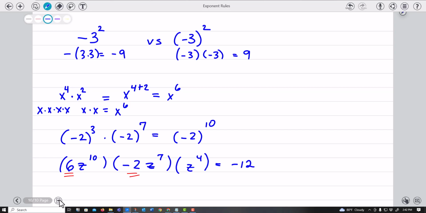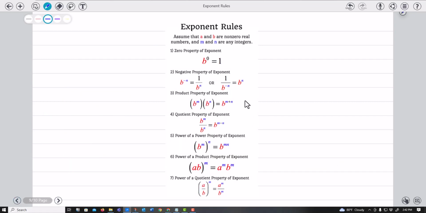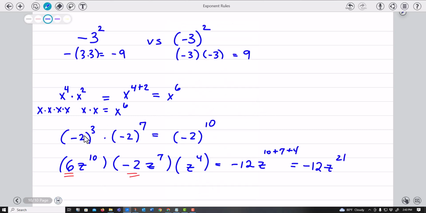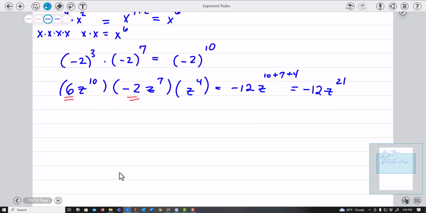And then my z's would be 10 plus 7 plus 4. And that's how I would get to the 21st power. So definitely learning this rule right there is a good one. And notice that I had the same bases here, and even here with the z's, the same bases.